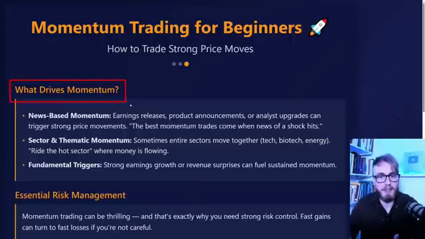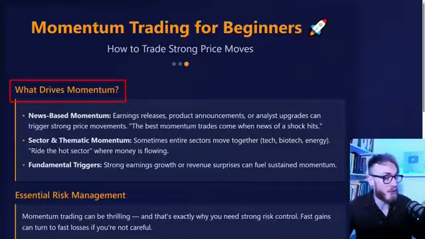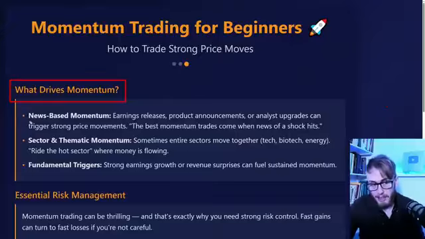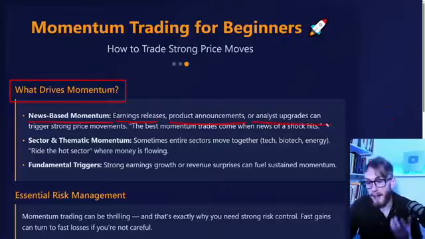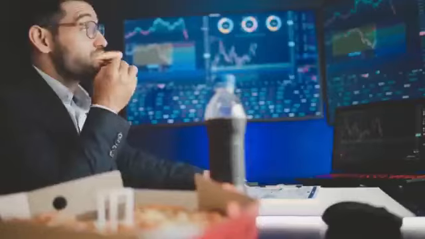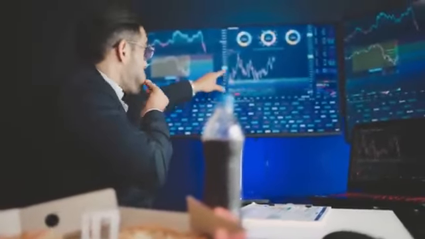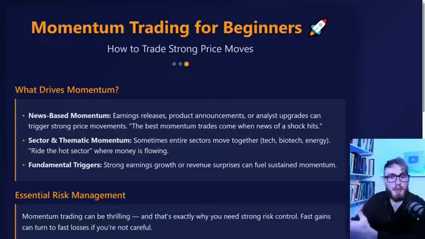But right, so now let's take a look at what actually drives the momentum that we as momentum traders are riding. Well, one thing that can drive momentum is news-based momentum. So things like earnings releases, product announcements, or maybe analyst upgrades can all trigger strong price movements. But as technical traders, if we don't want to, we don't have to pay attention to the news.